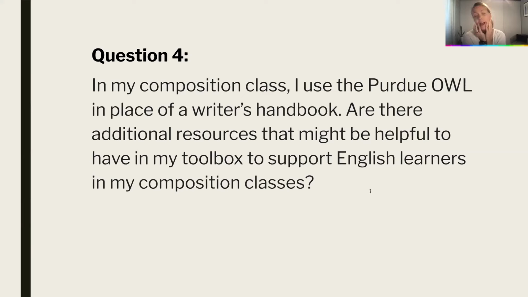The other one I would add is to know your databases too. The database that we use is Opposing Viewpoints, and I think it's pretty standard in databases at schools, but Opposing Viewpoints will sometimes gloss different articles, read the articles out loud, and translate different areas of the articles.